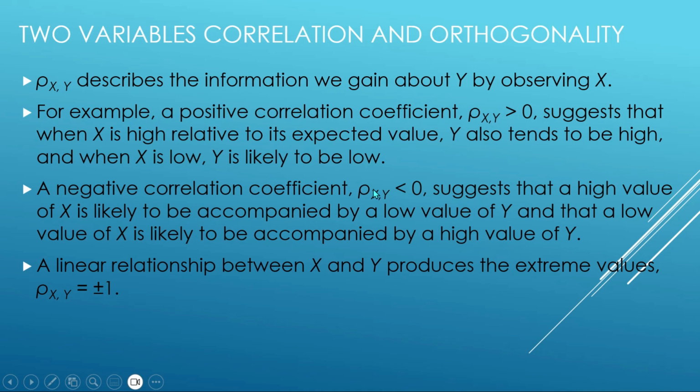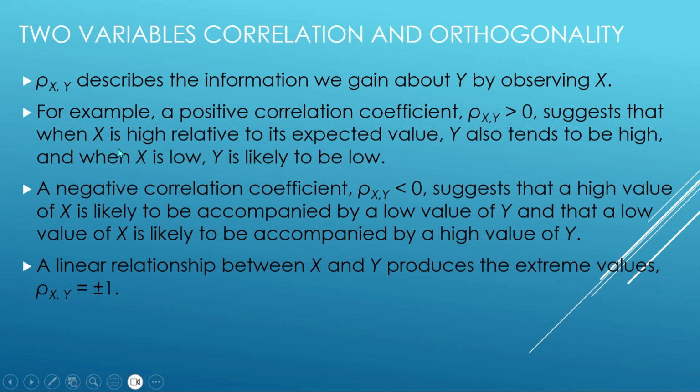For example, a positive correlation coefficient, rho greater than 0, suggests that when X is high relative to its expected value, Y also tends to be high, and when X is low, Y is likely to be low.